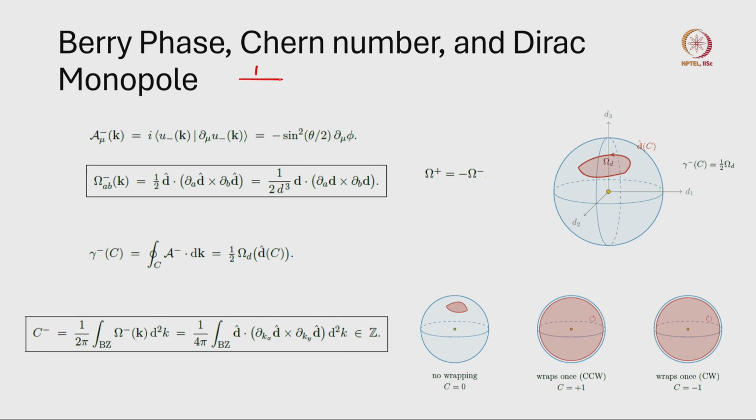So, we get, we derived it earlier, 1, 2, 3 and mu is equal to kx or ky.